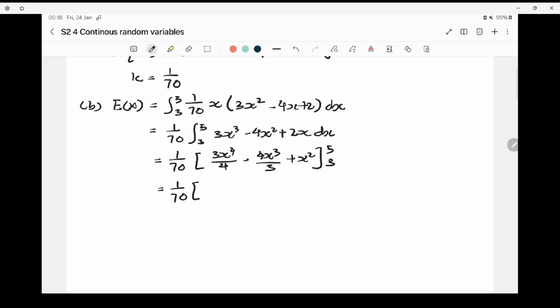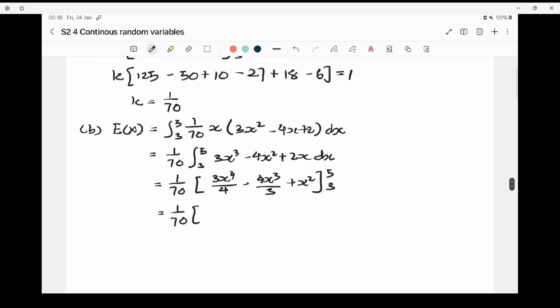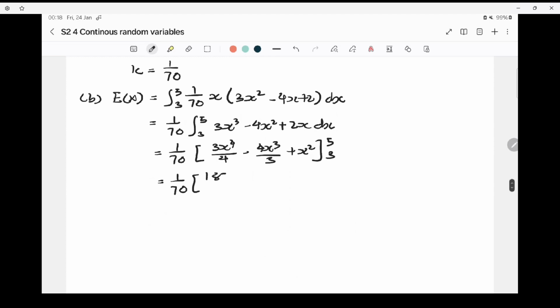So 5 to the power 4 times 3 will give you 1875 divided by 4, minus 4 times 5 to the power 3, 500 over 3, plus 25, minus 3 to the power 5 divided by 4, 243 over 4, plus 4 times 27 divided by 3, 36, minus 9.